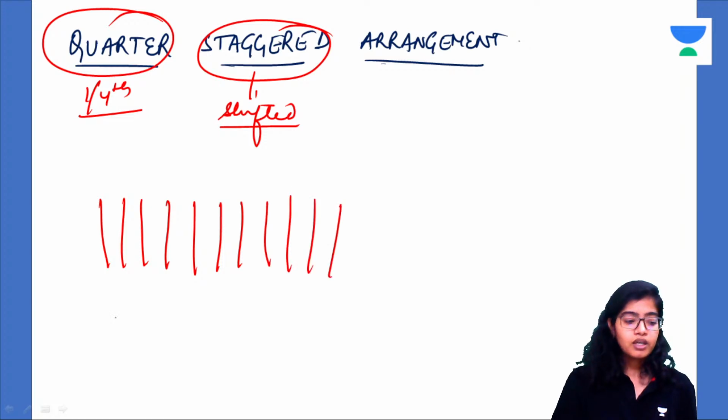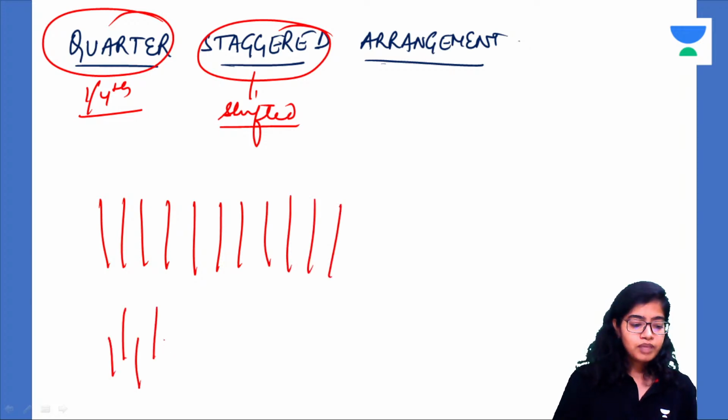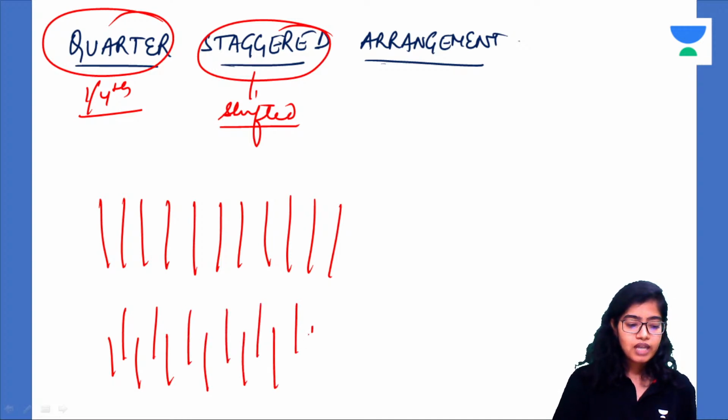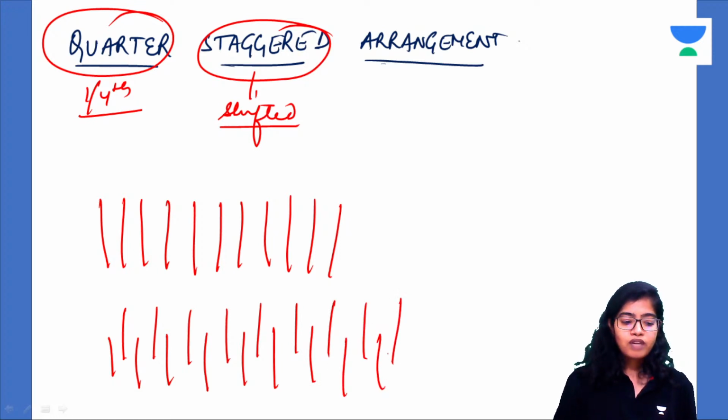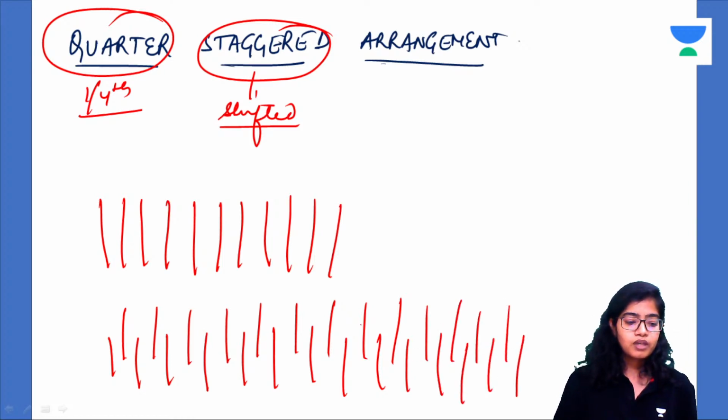Rather, they are placed staggered, shifted longitudinally along their axis by 1/4 of their length, each from the other, like this.